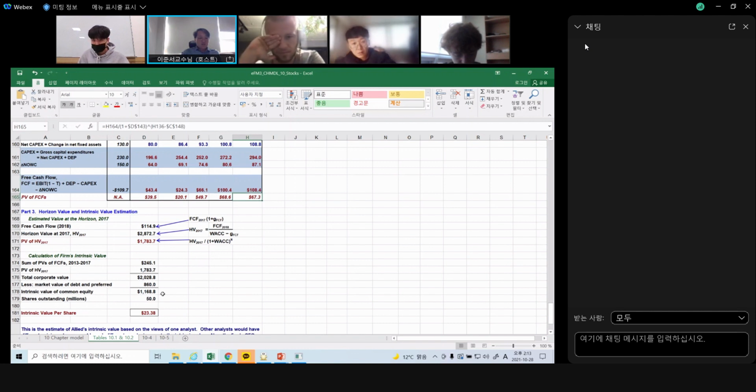That's gonna be $1,783.7. So if we sum up the present value of free cash flow from 2013 to 2017, it's gonna be $245.1, and the present value of terminal value as of 2017, 2020 in the textbook, is gonna be $1,783.7.